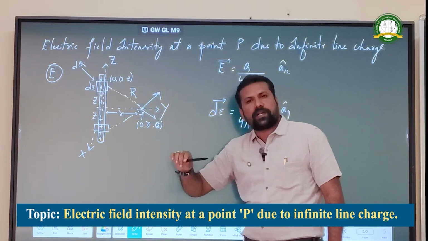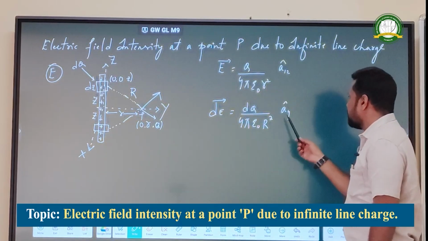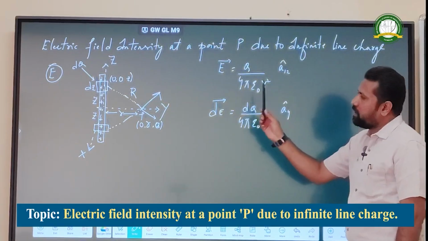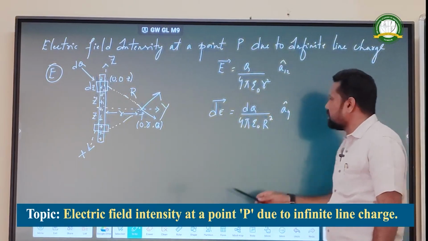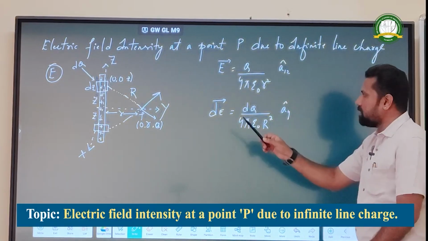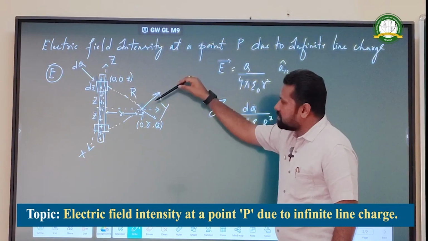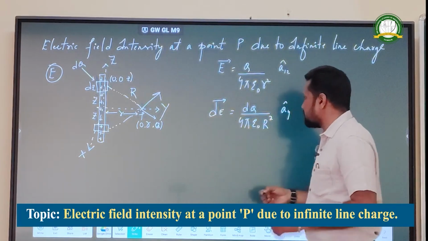If the point P is located on the z axis, then it is a_z cap. If the point P is located on the x axis, then it is a_x cap. Here in this case the point P is on the y axis.